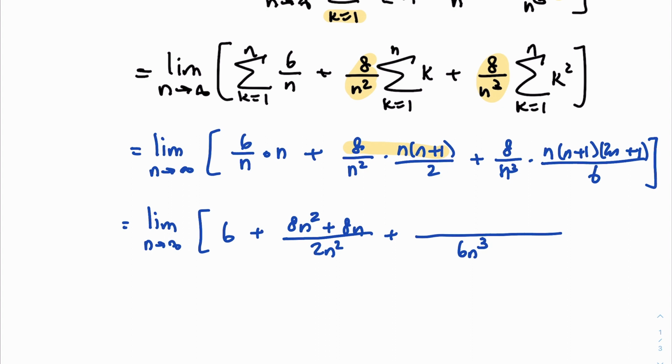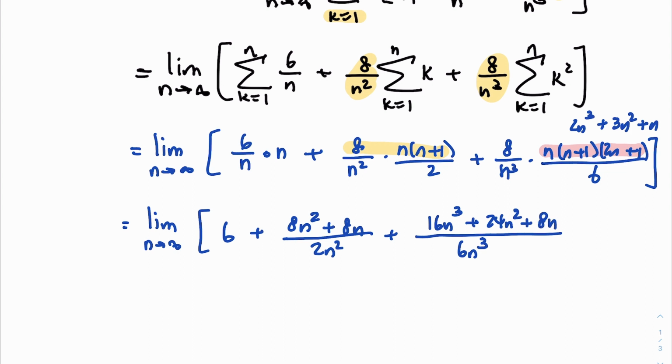And if we were to multiply the numerator through, well, let's see. This part right here is 2n to the third plus 3n squared plus n. So if I multiply that by 8, we have 16n to the third plus 24n squared plus 8n.